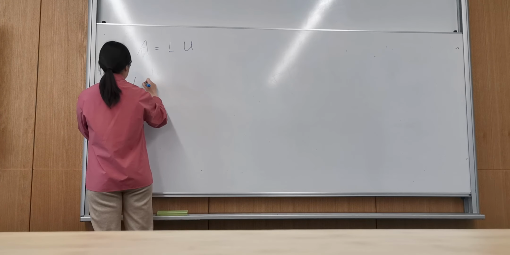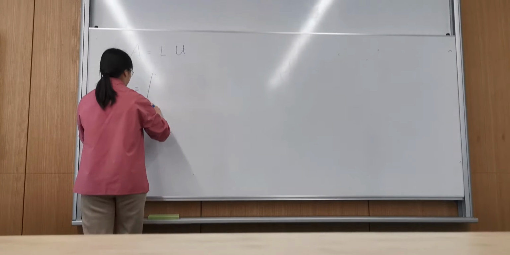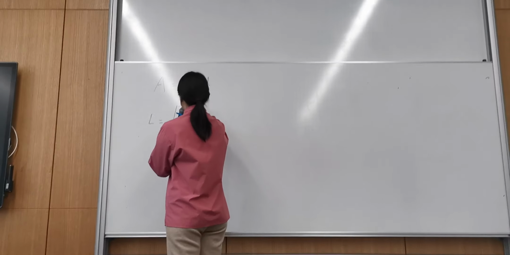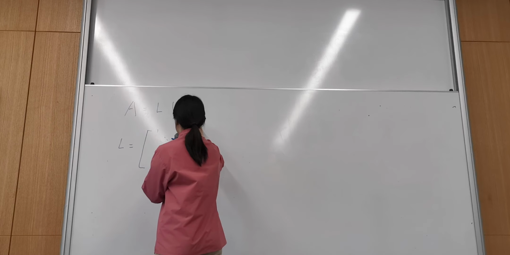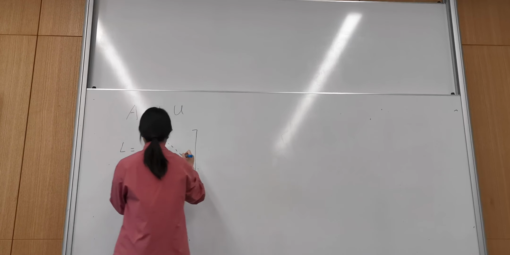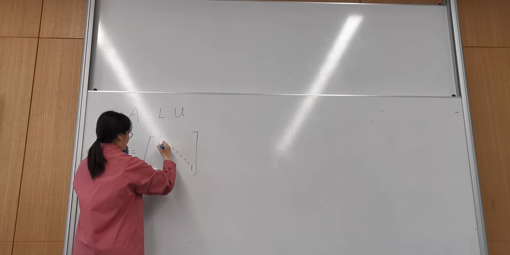If I write it out, the L will have one on the diagonal entries and other entries on the lower part.